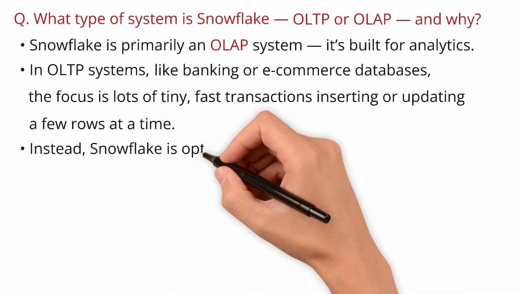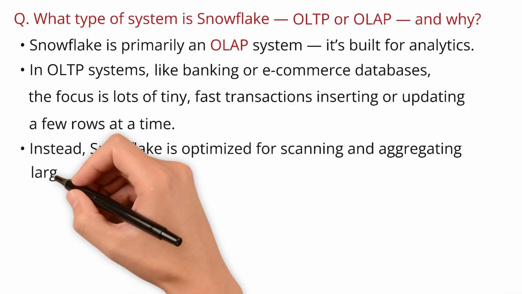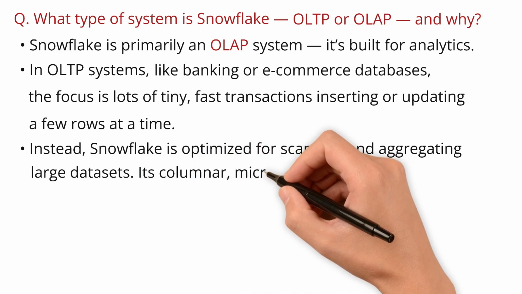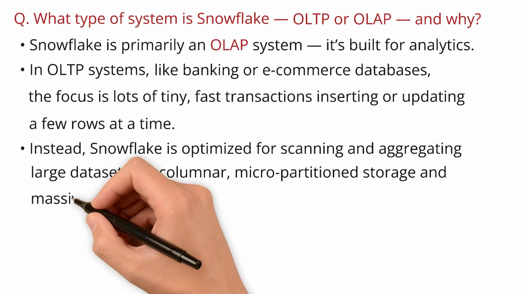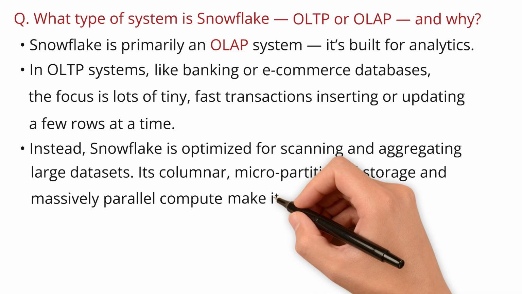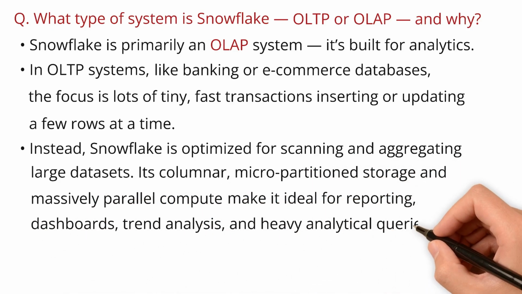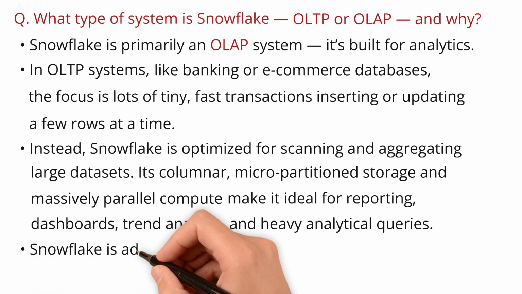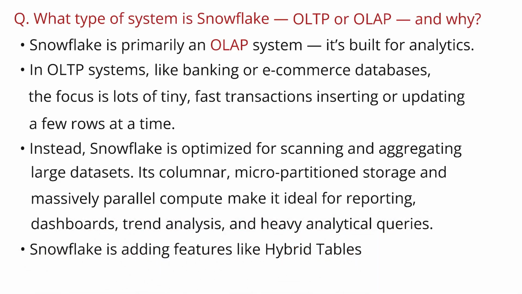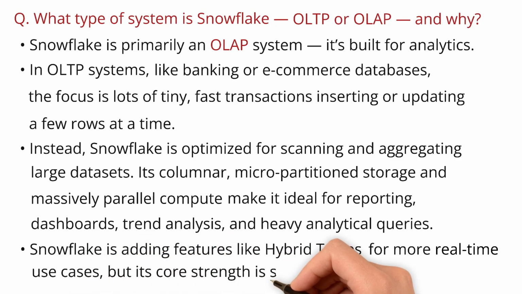Instead, Snowflake is optimized for scanning and aggregating large data sets. Its columnar micropartition storage and massively parallel compute make it ideal for reporting, dashboards, trend analysis, and heavy analytical queries. Snowflake is adding features like hybrid tables for more real time use cases, but its core strength is still OLAP.